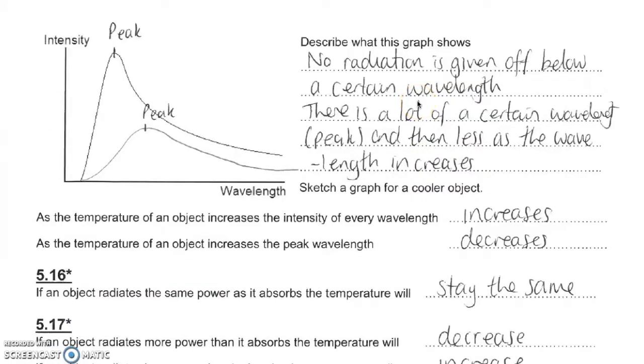Okay, so we're now going to talk about how infrared radiation and their respective wavelengths change according to temperature. If we look at this graph here, this curve in particular refers to a lower temperature, whereas this one refers to a higher temperature. Several things to notice: no radiation is given off below a certain wavelength.